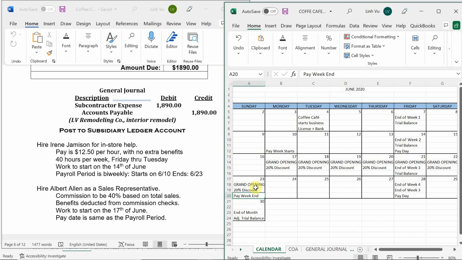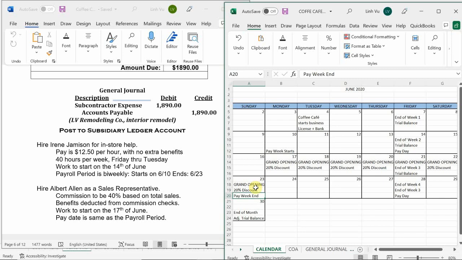Usually, once the payroll period ends on the 23rd, you can have the choice to either pay Wednesday, Thursday, or Friday. Now, in most cases on a bi-weekly payroll period, we like to pay on Friday. So if her payroll period starts on June 10 all the way to the 23rd, she's going to be expected to be paid on Friday the 28th of June.